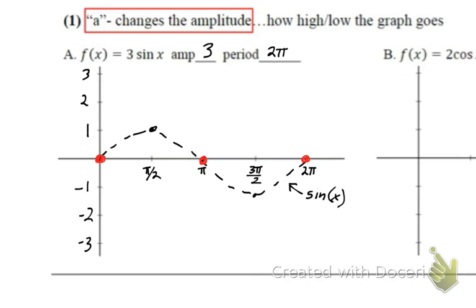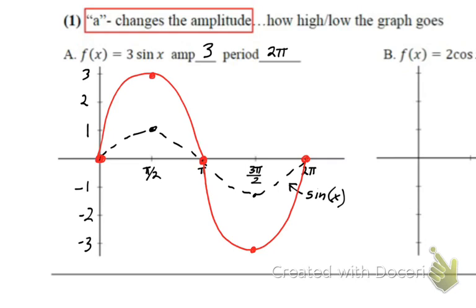My highest point will now be 3 though, rather than being 1. So I'm going to bump all the way up here. Go ahead and finish that guy. And rather than be -1, it's going to be -3. Just don't get this mixed up. I'm not adding 3 to everything.